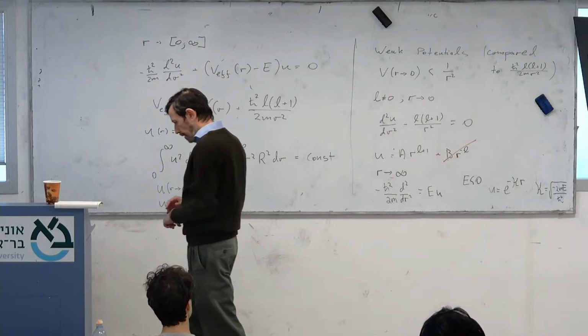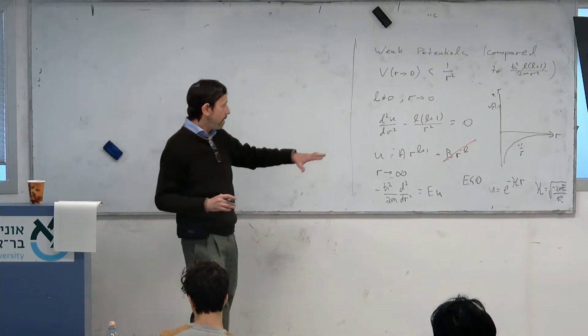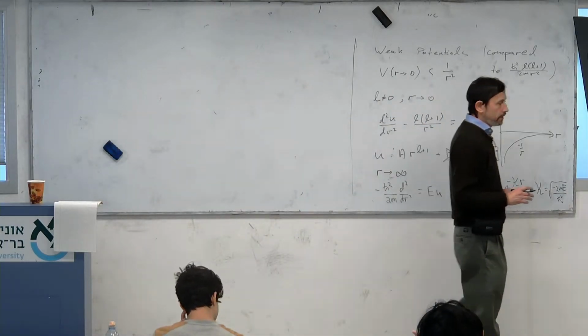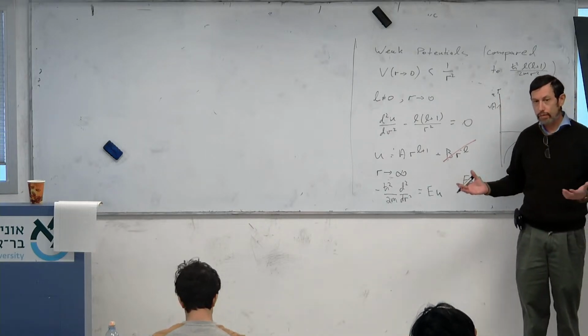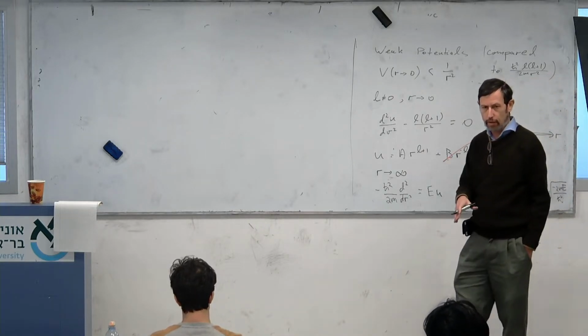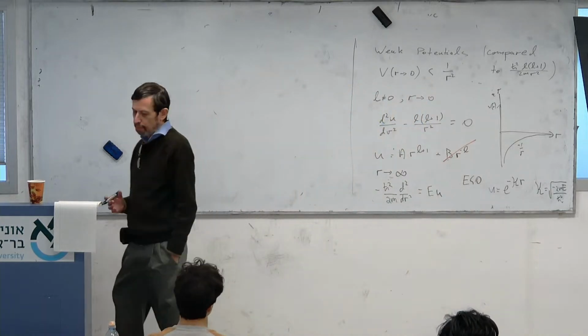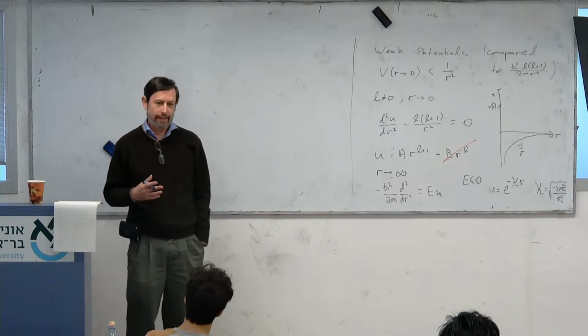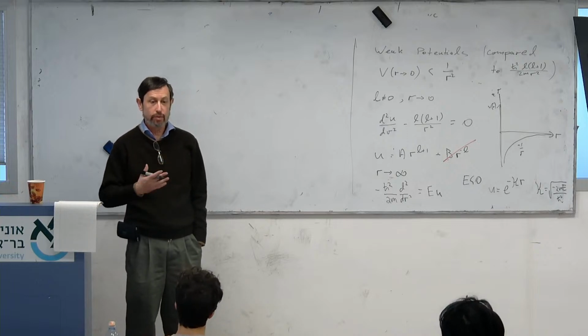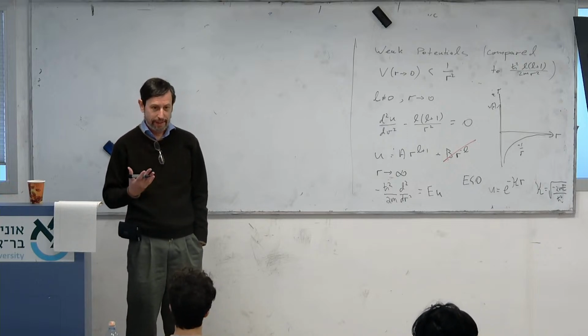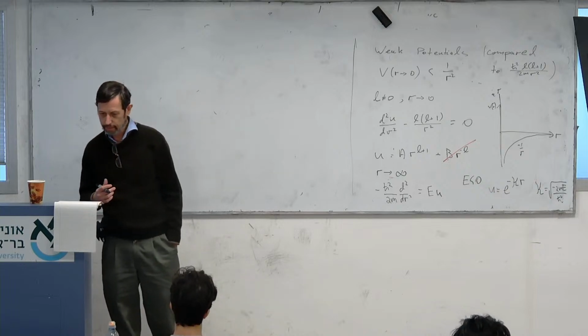So we have the two limits of this function at 0 and at infinity. Let's propose a solution that extrapolates between those two limits and see what we will get.